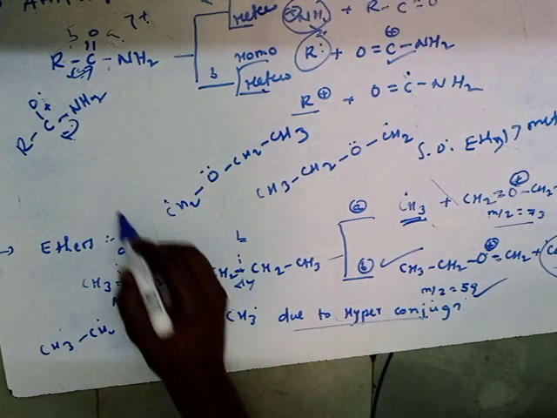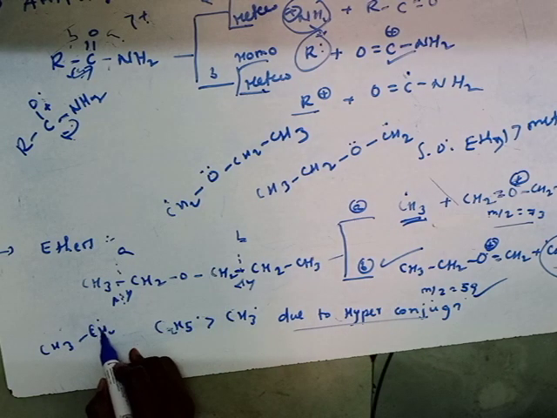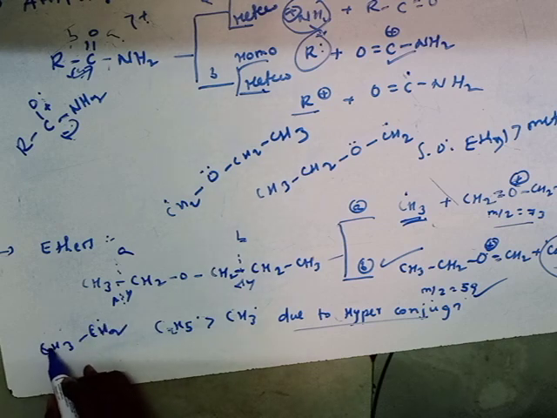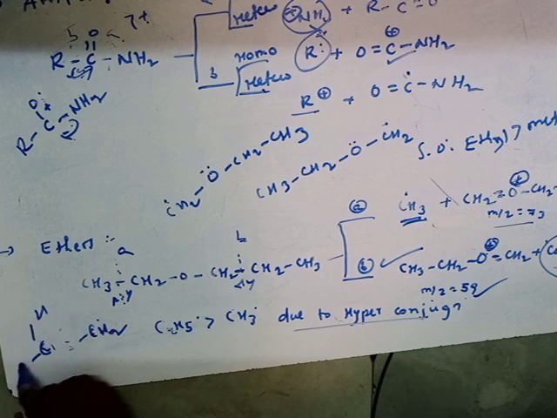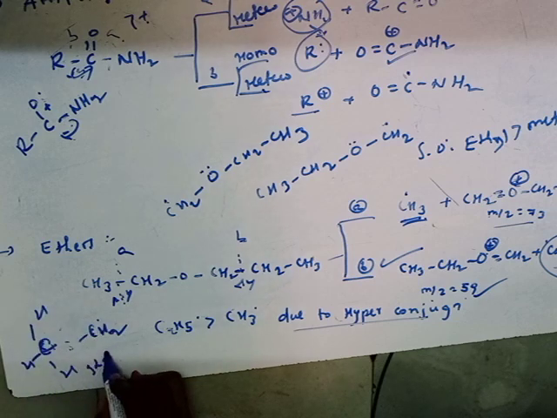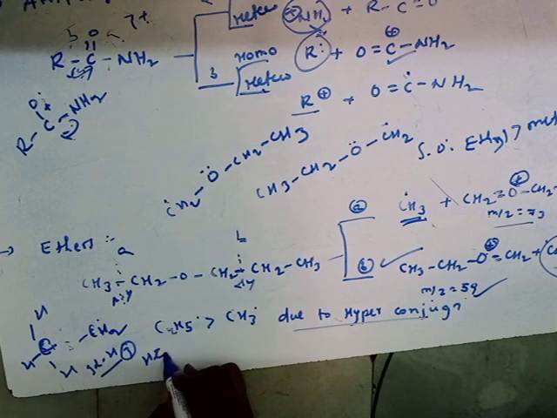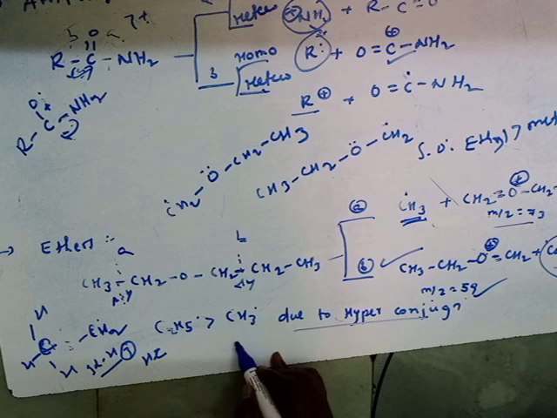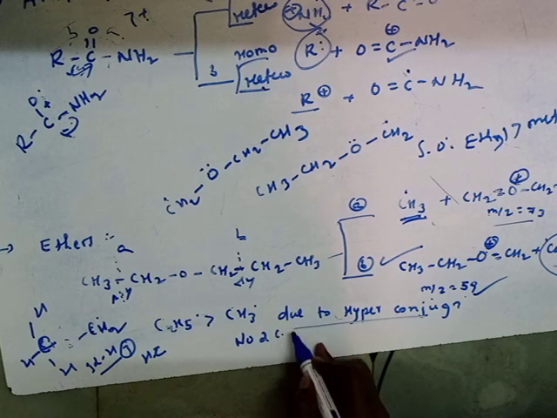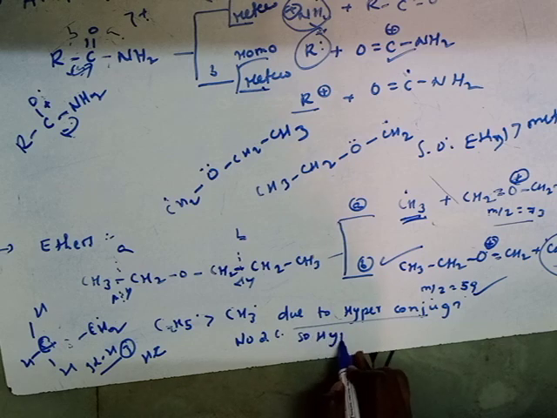Here take this ethyl. This is the radical. Here this is the alpha carbon. This alpha carbon will have 3 hydrogens. So the three alpha hydrogens are there, so it will have 3 hyperconjugation structures. Whereas in methyl radical, no alpha carbon, so no hyperconjugation structures.